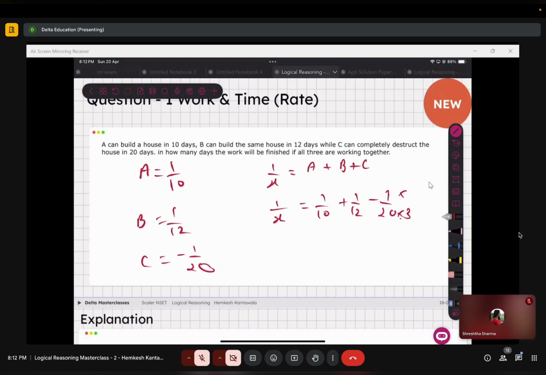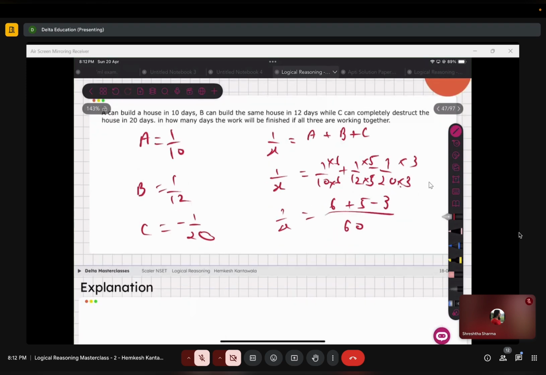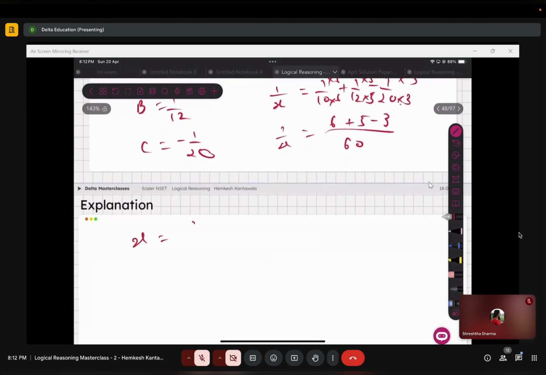So 6 plus 5 minus 3 upon 60. So x is equal to 60 upon 8, which is 30 by 4, 15 by 2, or 7.5.